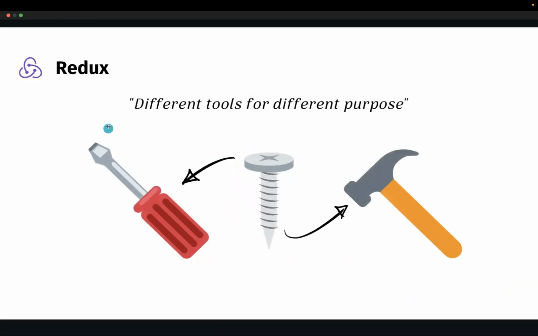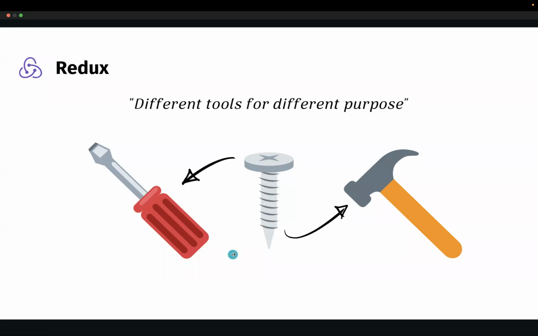It is not. Just to understand by analogy, suppose there is a screw, and you want to put the screw in the wood. You can use a hammer, right? And you can also use a screwdriver. Both can be used here, yes or no? Even using a hammer, you can put this screw into the wood. But which one is perfect to use here?